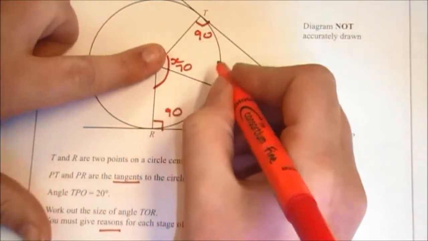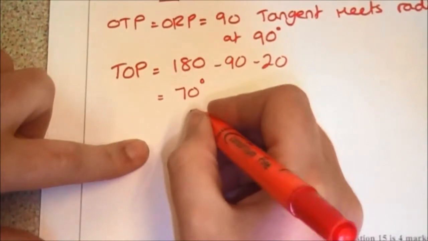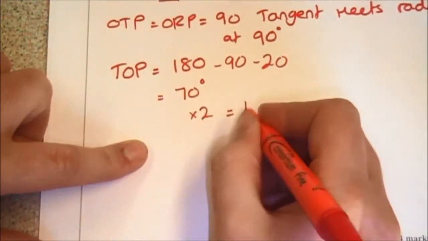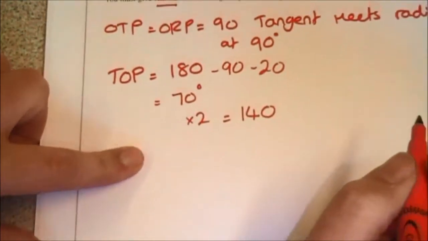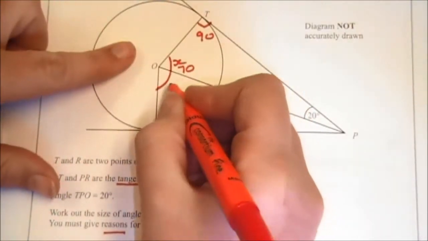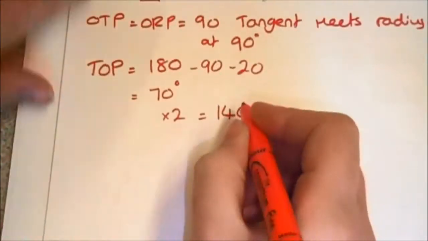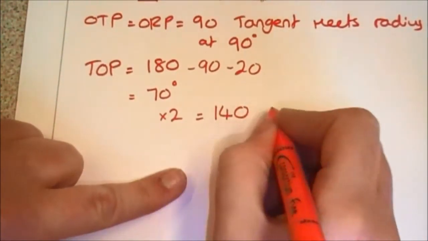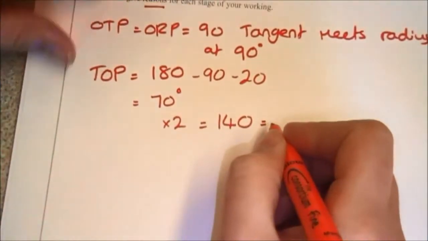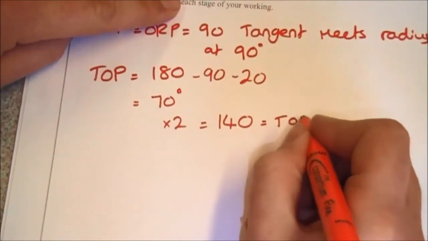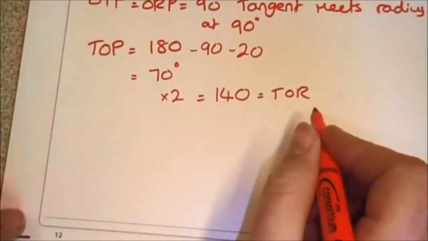And because it's cut halfway, I need to do 2 times that, which is 140 degrees, because that's 70 and that's 70. 70 and 70 are 140 degrees. So 140 degrees, and they've called it angle TOR in the question.